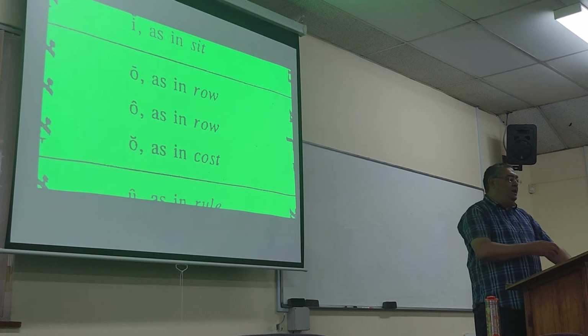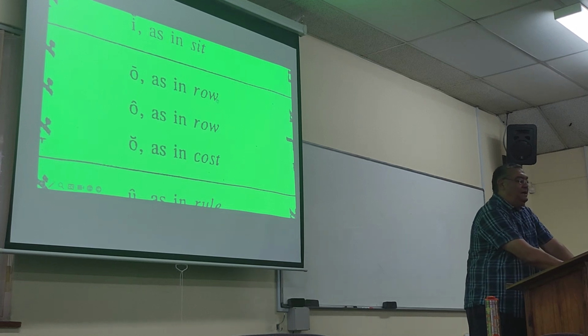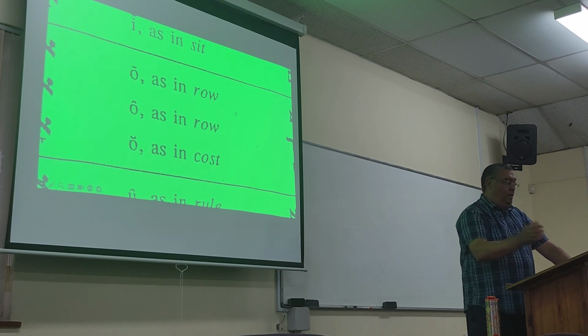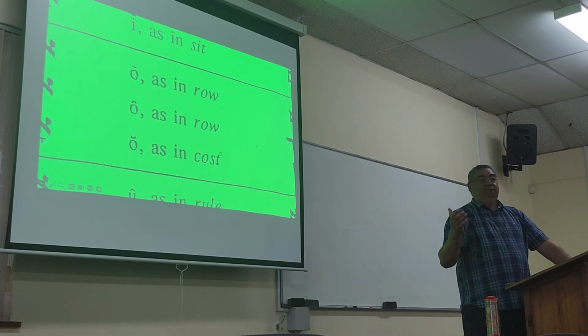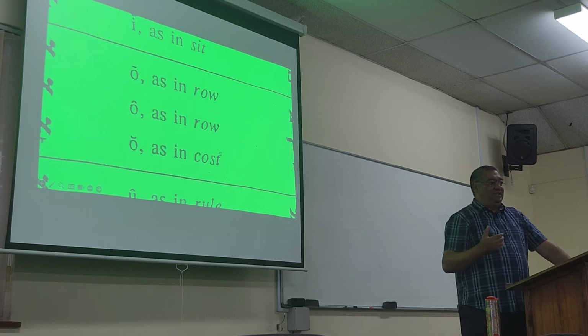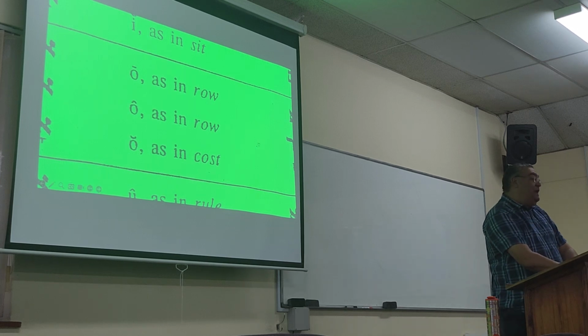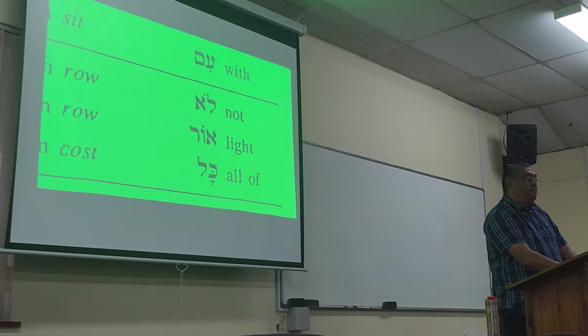So they will say your cholim vav is as the O in the word ro, so it's O. Because the United States English doesn't have O in the pronunciation. In South African English, you do. But this is best illustrated in these 2 Hebrew words over here.